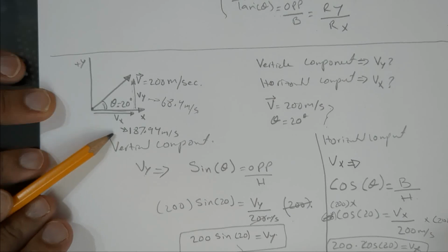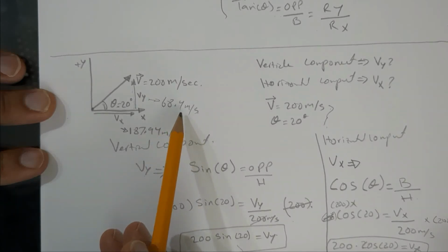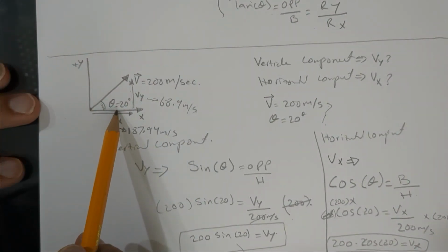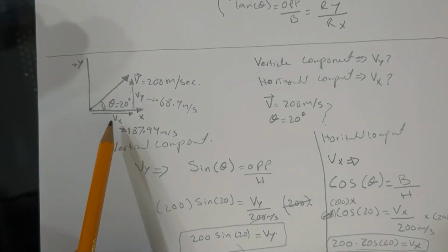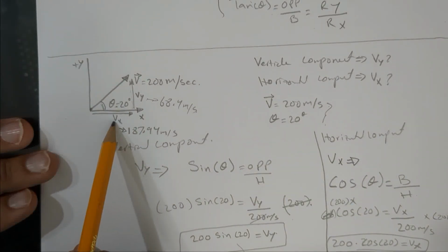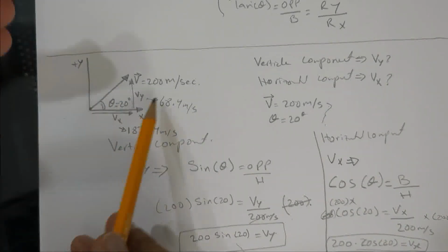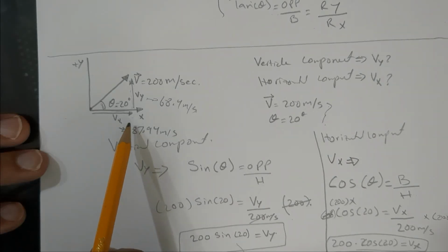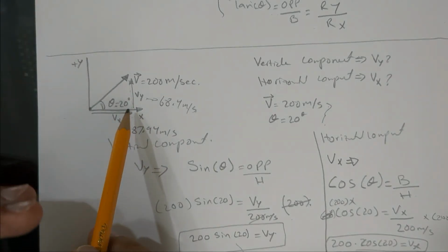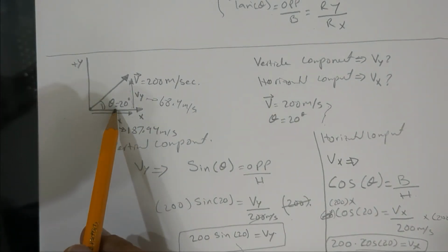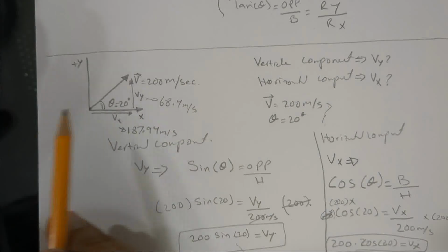Hence, the Vx value is much higher, it's 187 compared to the y component, which is 68.4. So it does kind of make sense that if you have an acute angle like that, and as this theta gets smaller and smaller, the value for your horizontal component will get bigger and bigger, and eventually, when it becomes zero, it will be 200 meters per second, right? Because there's no component on the y-axis, and vice versa. As theta gets bigger and bigger, your y component will also get larger, and your x component will start to shrink.